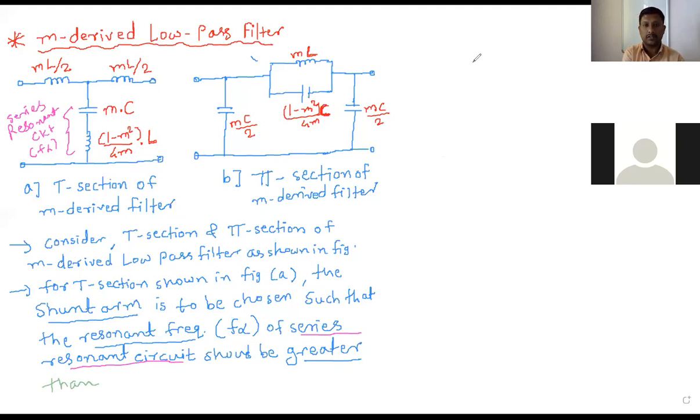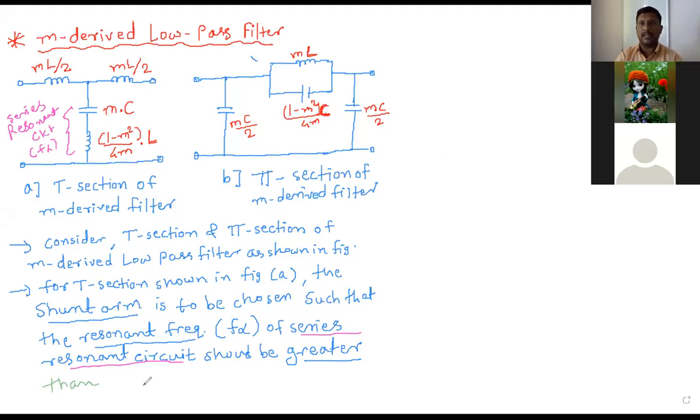Greater than which frequency? Which filter is it? High pass, low pass, band pass, band stop? Low pass filter, yes. For a low-pass filter, how many cutoff frequencies will be there? Only one. So it should be greater than the cutoff frequency, that is fC of the low-pass filter.